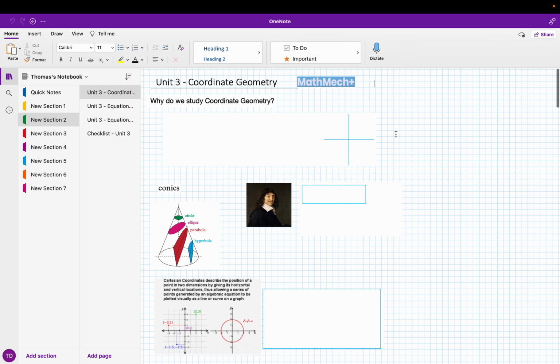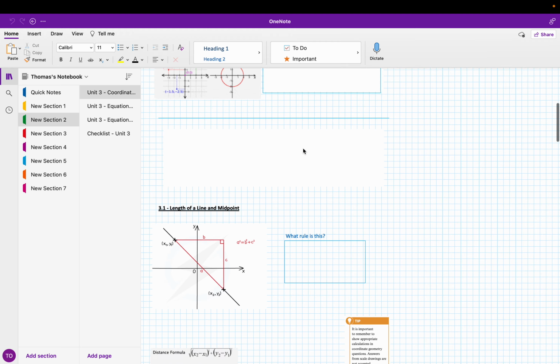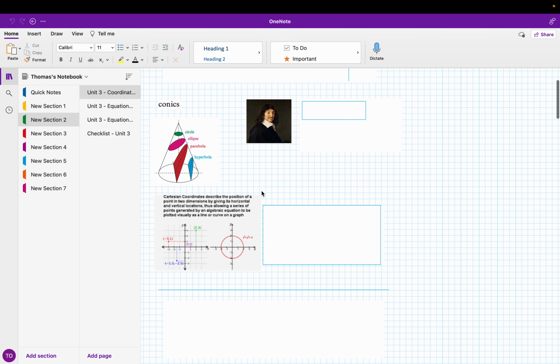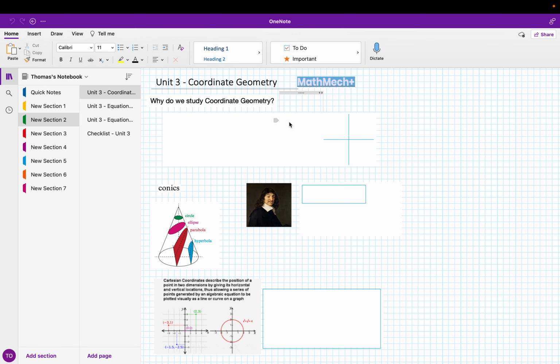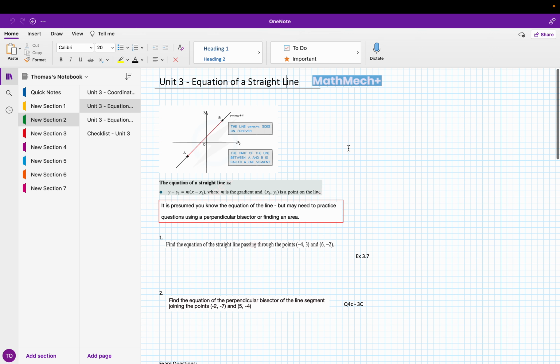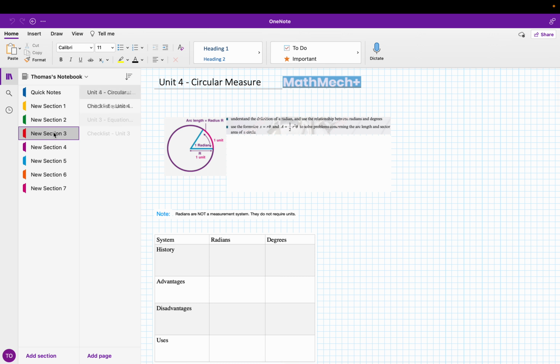I'll just call it the X and Y grid. And we go through all those aspects and seeing why we do this, and it becomes understood in a more broader sense why students actually do these things, and it's not just formulas for their own sake. Equation of the line, equation of a circle, and you just keep moving.